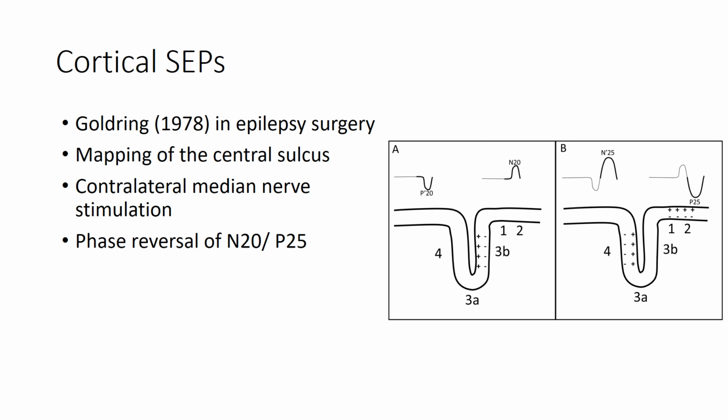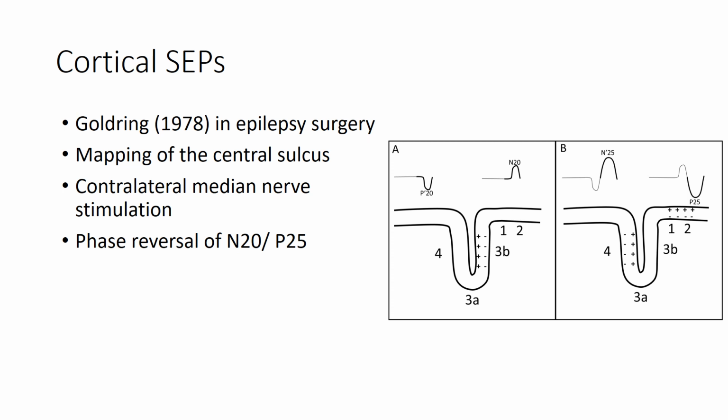Although very useful and important, MEP-based modalities are not always possible to obtain, especially in very young children. We have a failure rate of about 50% to obtain MEPs in children younger than 5 years. In those cases, of course, awake craniotomy is not an option.